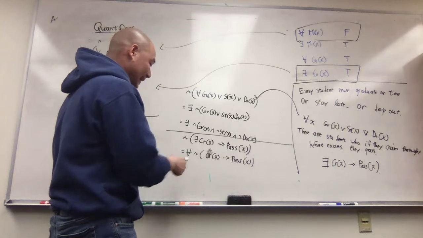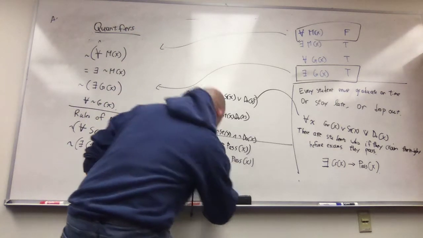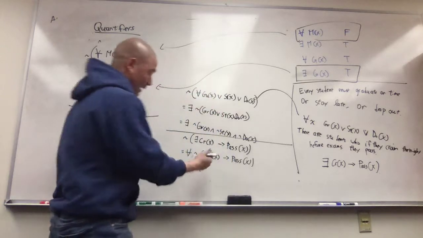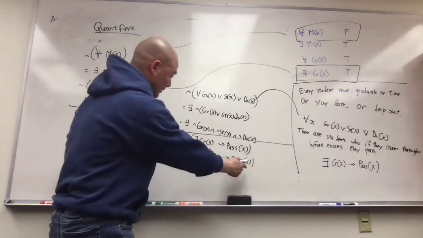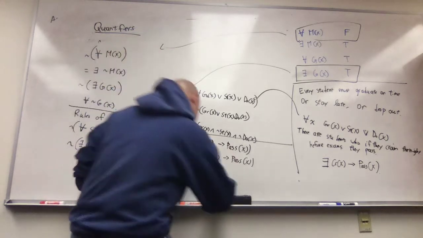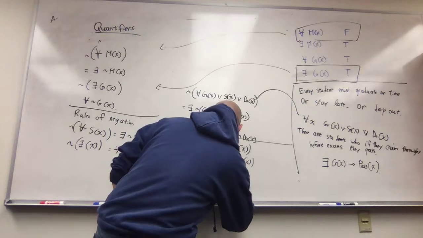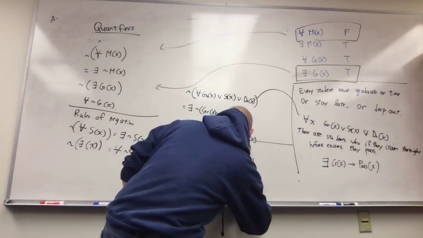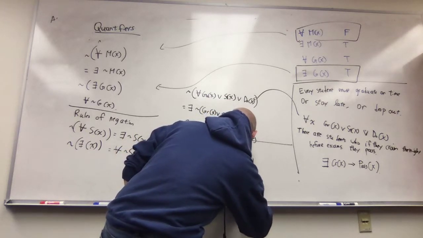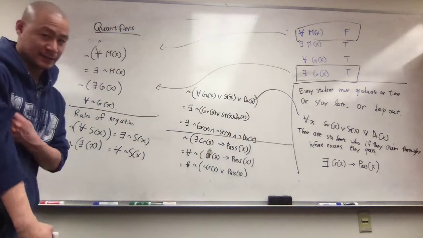What that has to mean is that, well, first let's rewrite this. If you cram, then you'll pass. We know from the previous lectures that that means that either you don't cram or you're going to pass, right?